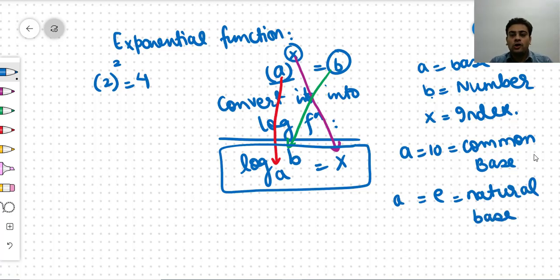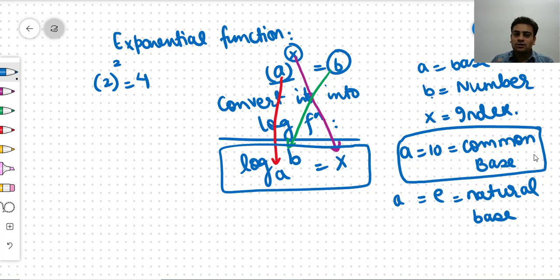Whenever we talk about logarithm and anti-logarithm tables, the base is equal to 10. So from now on, whenever I write log, I will skip the base, because we know it is equal to 10.